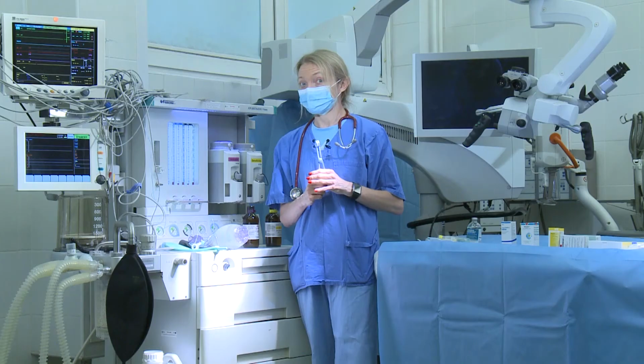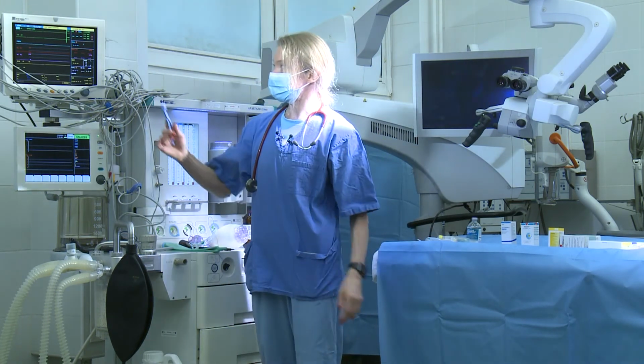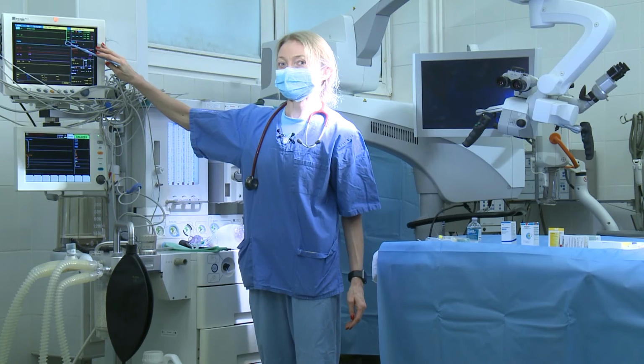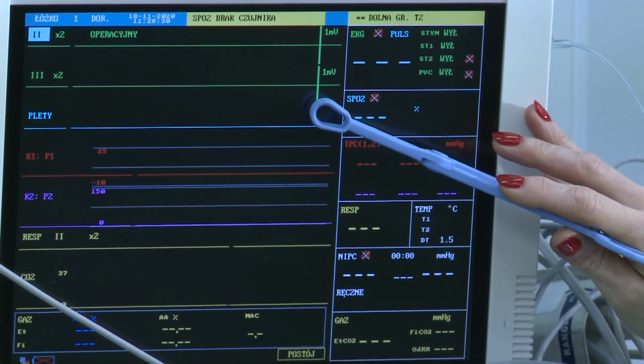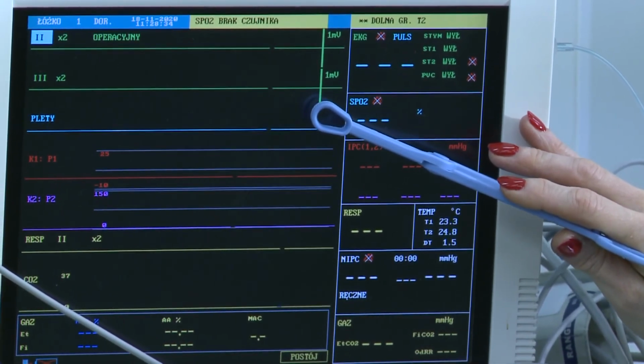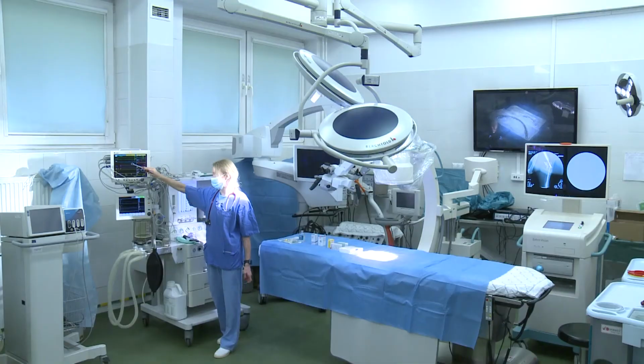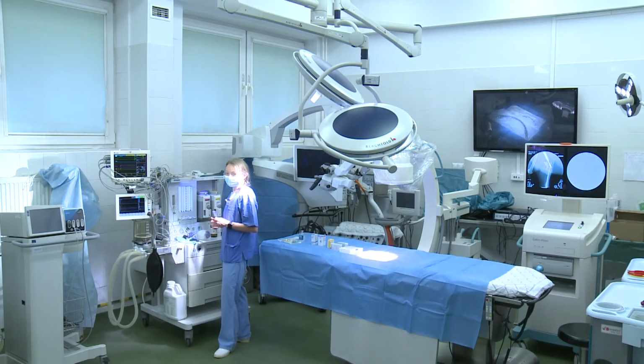I will show you now what kind of info it gives us. First info, of course, it gives our heart rate and the quality of the heart rate, because it shows us EKG, which tells us about the electricity of the heart muscle.